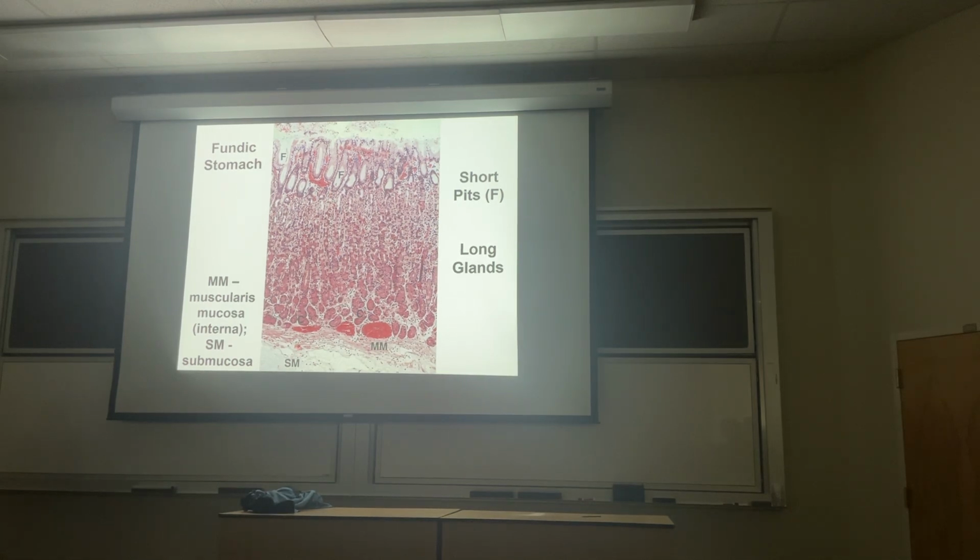We'll see as we go from proximal to distal, these pits get longer. And in the pyloric stomach, they're probably about 2/3 of the way down to the muscularis mucosae. These are the gastric glands here. These are the glands, and these are the pits up here. These are your simple columnar epithelium.